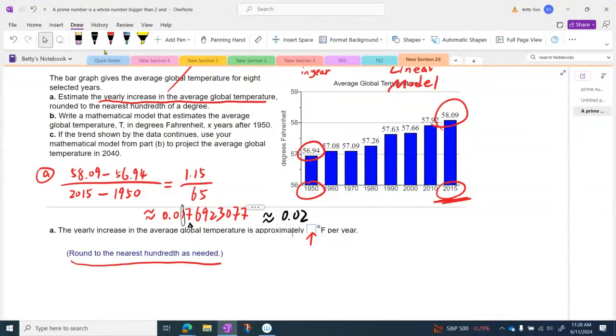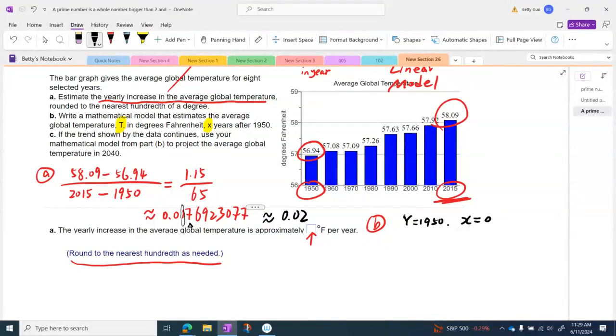So for part B, we are going to use 2 variables, T and X. We need to be very clear about what T represents and what X represents. T represents the temperature in Fahrenheit. X represents the number of years after 1950. That means when the year is 1950, X equals 0.